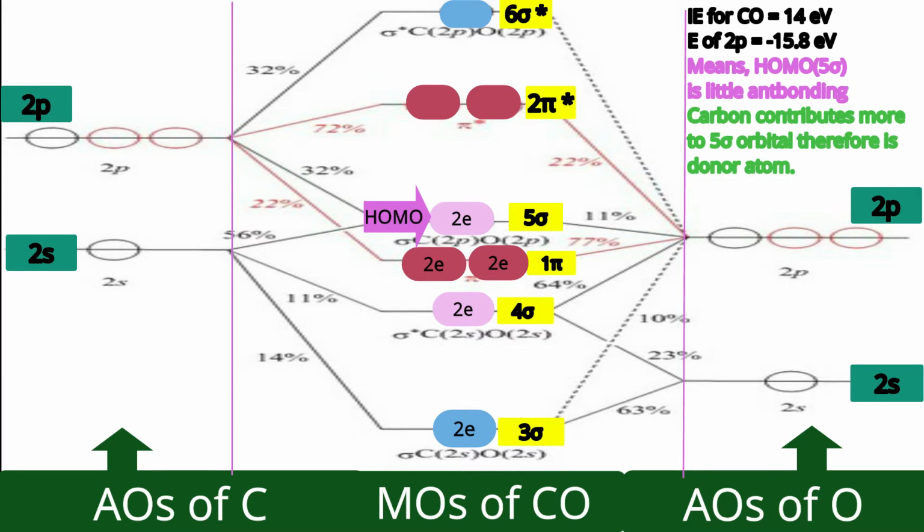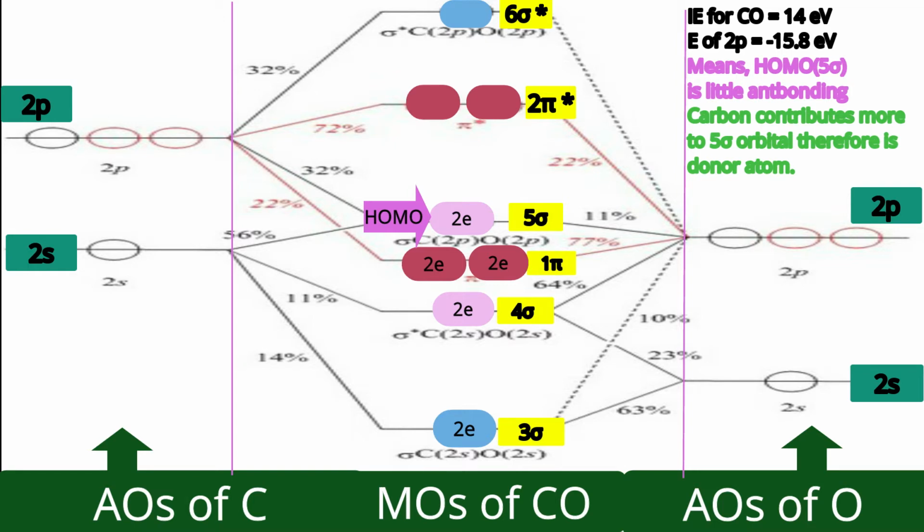I have represented those four orbitals in that diagram with coloration. See, in pale blue at the bottom, the 3 sigma orbital is represented. It is the lowest produced molecular orbital, and the highest produced molecular orbital is represented by 6 sigma star.